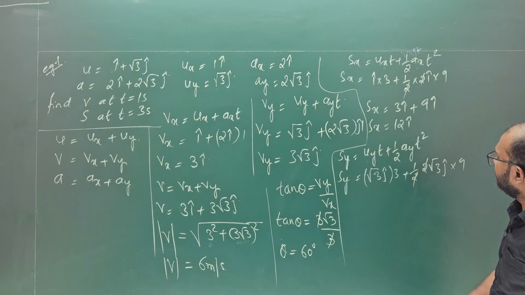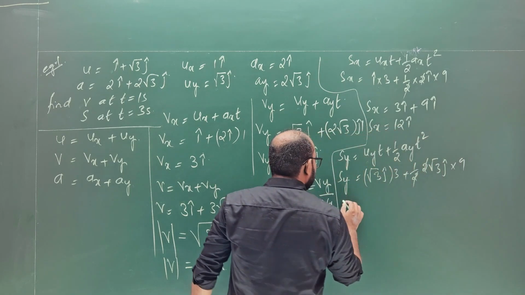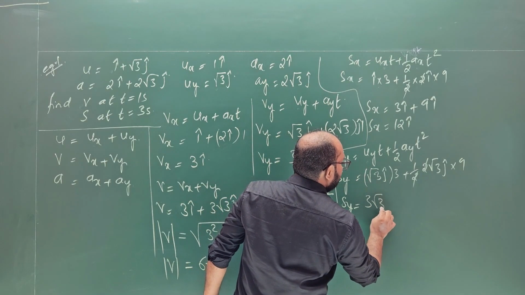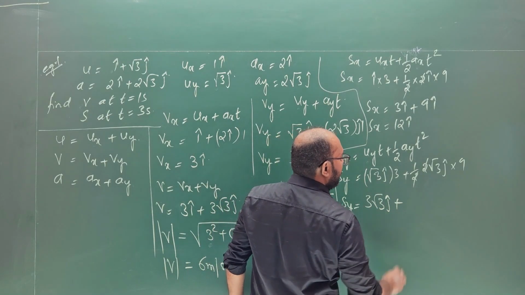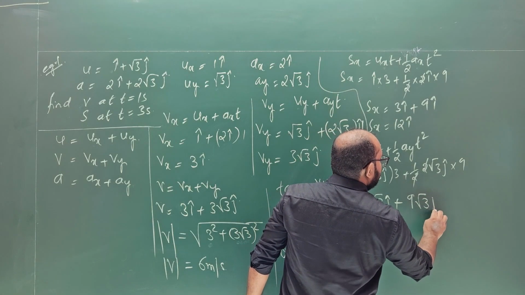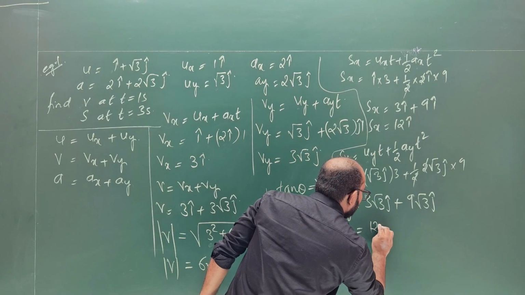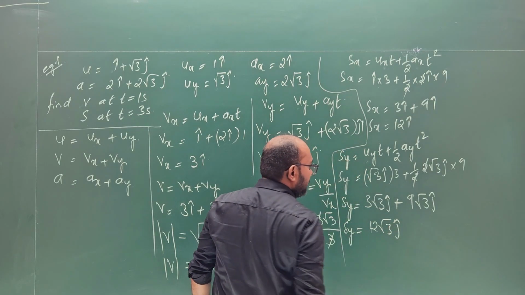Can I cancel this 2 and 2 this time? Okay, then this becomes Sy is equal to 3 root 3 j cap plus 9 root 3 j cap. So Sy is nothing but 12 root 3 j cap.